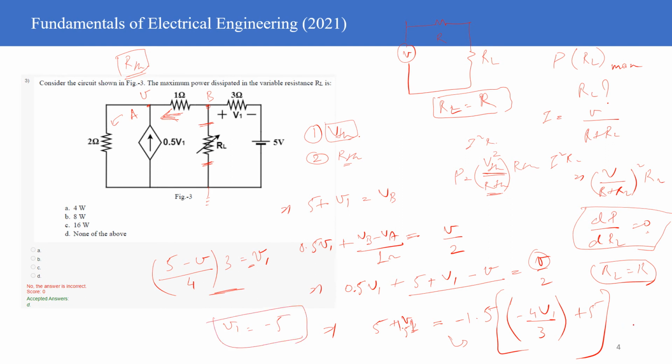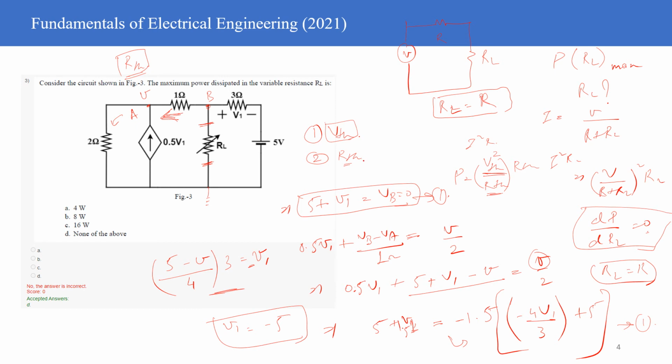If you put that minus 5 in equation number 1, you will get the value of VB to be equal to 0. So if VB is equal to 0, that implies that the Thevenin's voltage across this particular resistance is equal to 0.